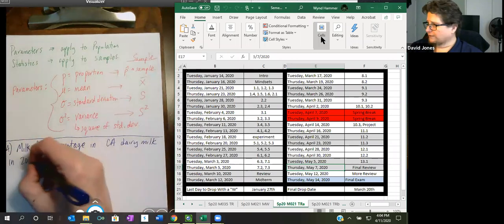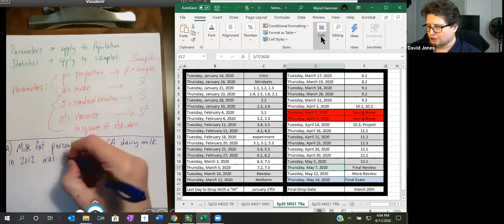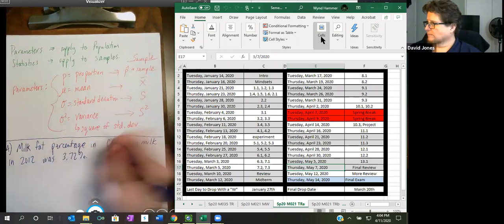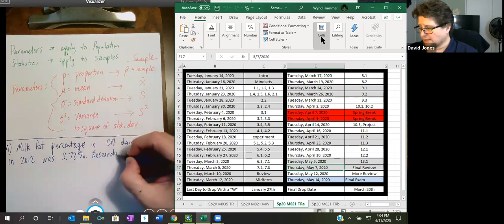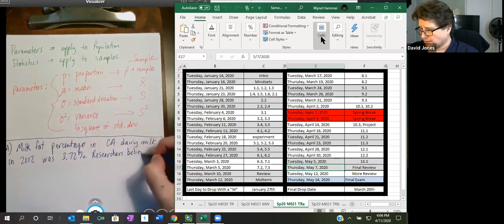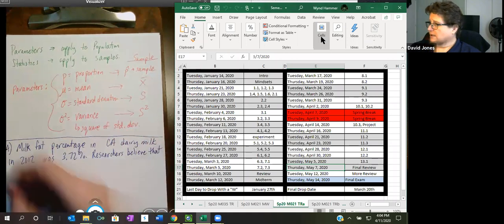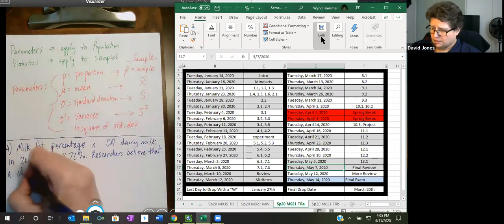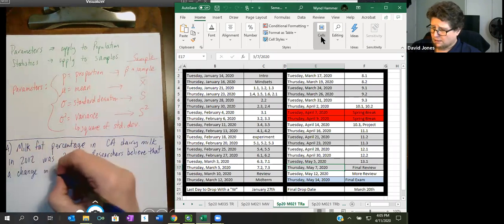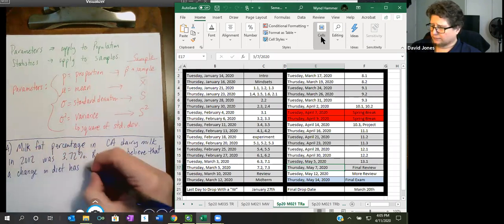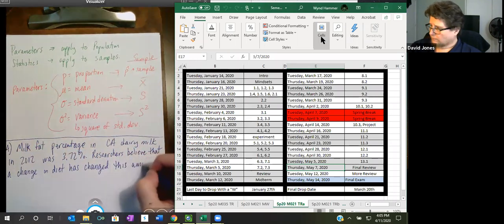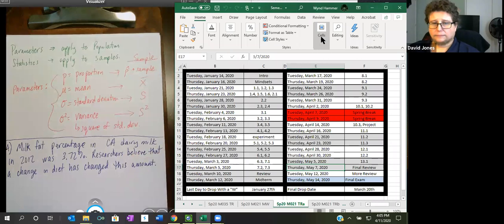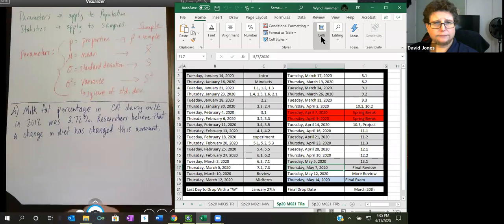In 2012 it was 3.72%. Researchers believe that a change in diet has changed this amount. So that's what we're talking about.